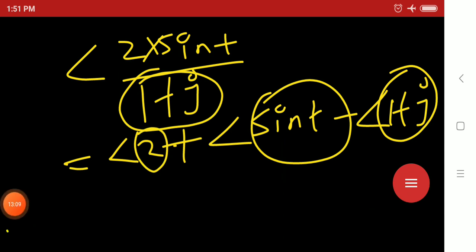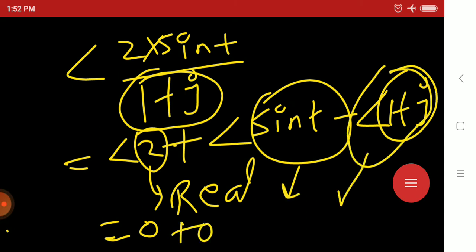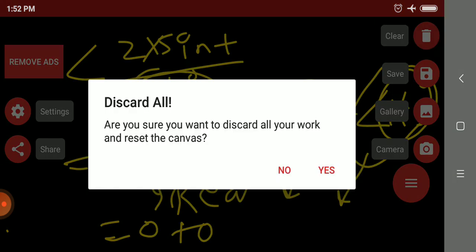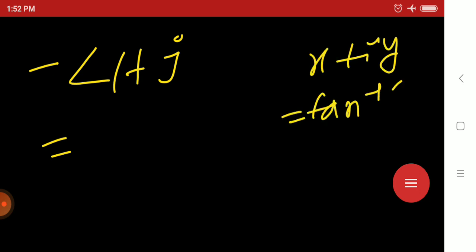Now 2 is what? 2 is real. So if it is real quantity, the phase angle will be 0. Sin t real, phase angle will be 0. So angle will be due to what? Due to 1 plus j. So angle of 1 plus j, what will be that? Minus of angle of 1 plus j. So in case of complex, what you have got? X plus iy is that thing. So angle will be tan inverse y by x. That we have been taught.